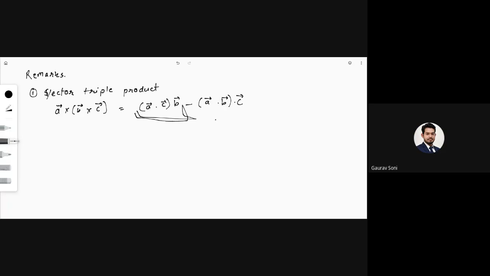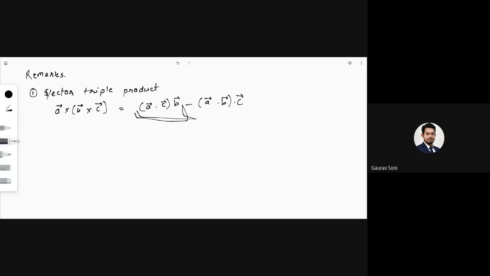That can be a subtraction of two scalars also. Can you tell me, is it a scalar or a vector? Sir, it is a vector.